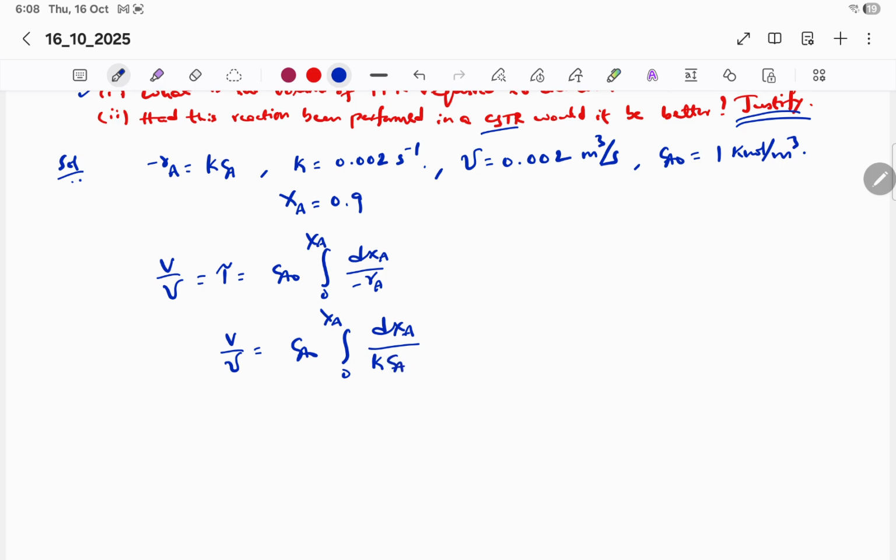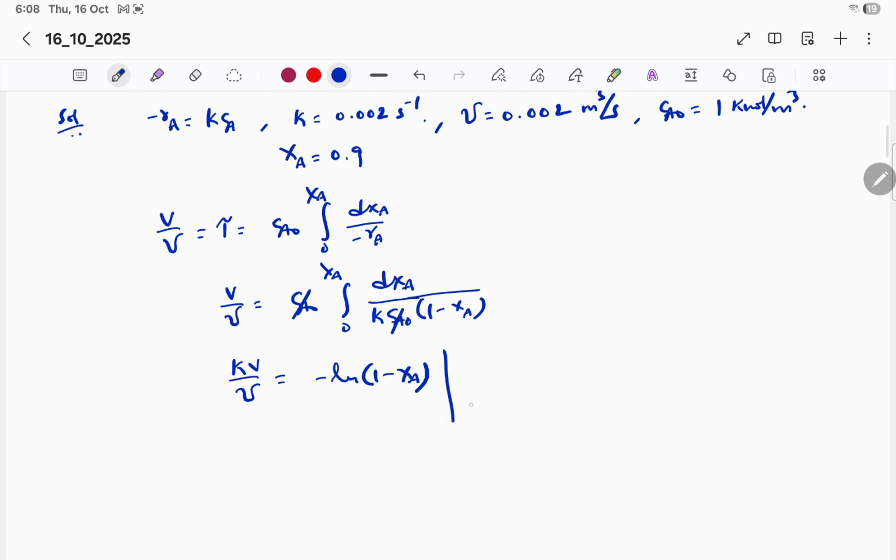CA I can write as CA0 into 1 minus XA. So CA0 will get cancelled out. Then you will get k into V by volumetric flow rate equal to the integral of dXA by 1 minus XA, which is minus ln of 1 minus XA. That is the integral term.